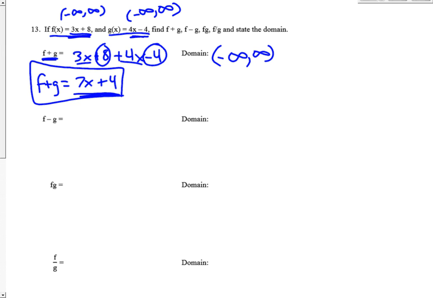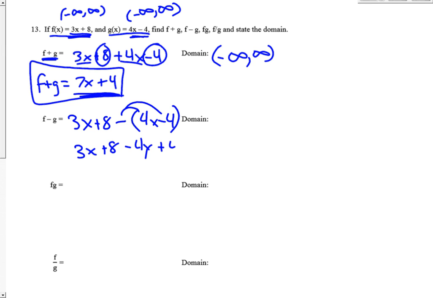When we look at f minus g, we are going to take those same two expressions. But when we subtract, the second expression needs to go into parentheses, and you're going to distribute that subtraction. You will get 3x plus 8 minus 4x plus 4, and then combine like terms. So we have 3x minus 4x, which is negative x, and then 8 plus 4 is 12.